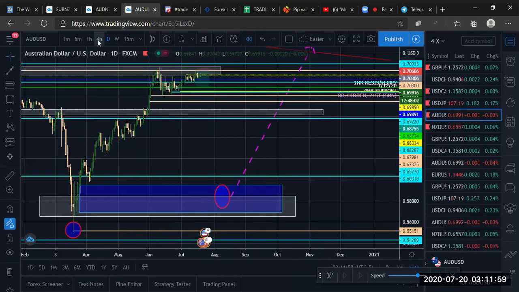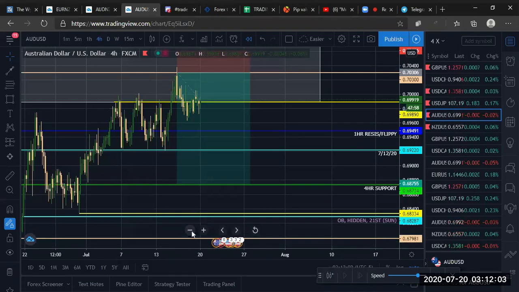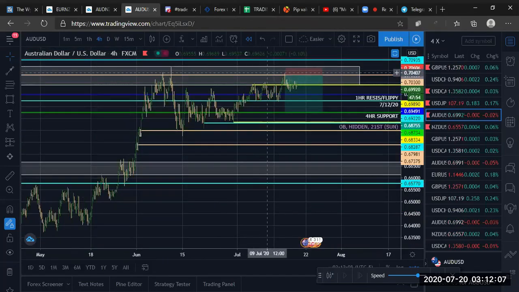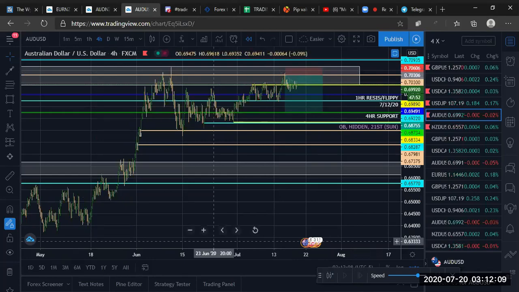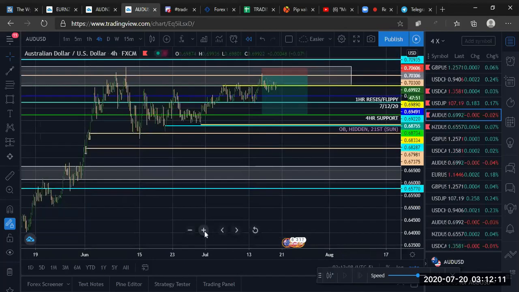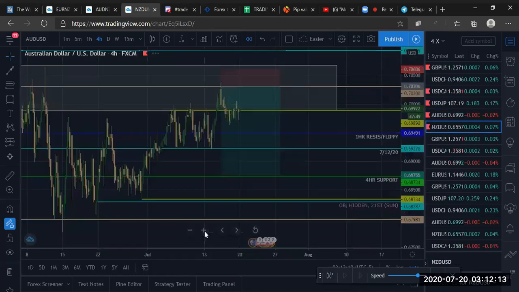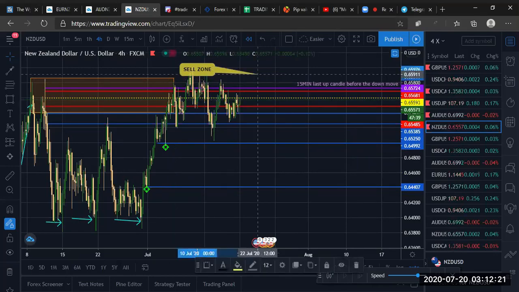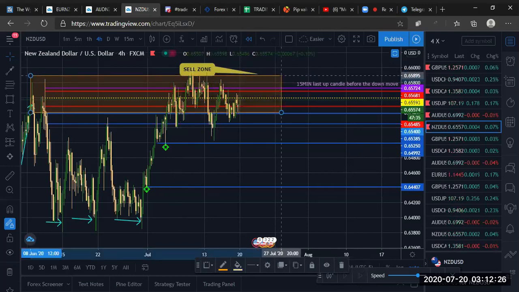I understand it's in a nice support and resistance zone. So if it does come back and hit this line, then it might come up just a little bit more, which is cool. I ain't tripping too hard. NZD USD, I was waiting for a sale, and I'm still technically in my sale zone, so that's interesting to see.